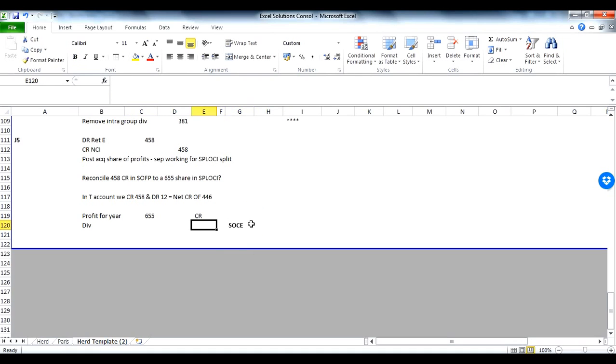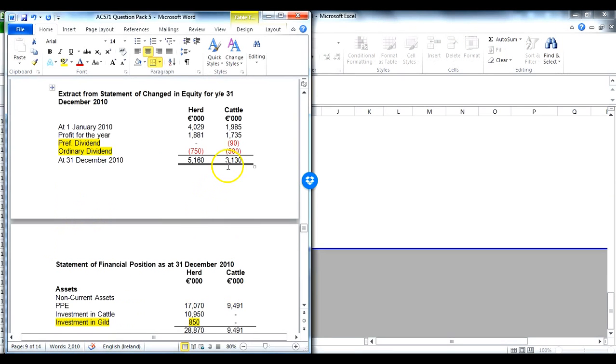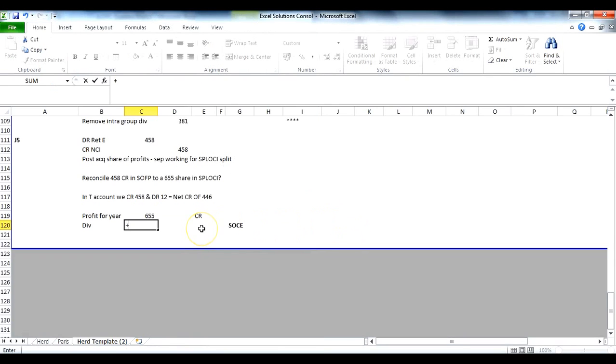Remember, the dividends show up in the statement of changes in equity. If we go back to the question, it's 500 times 40% and 90 times 10%. So watch that: they're 40% of the ordinary dividend and 10% of the preference dividend. So 500 times 0.4 plus 90 times 0.1.